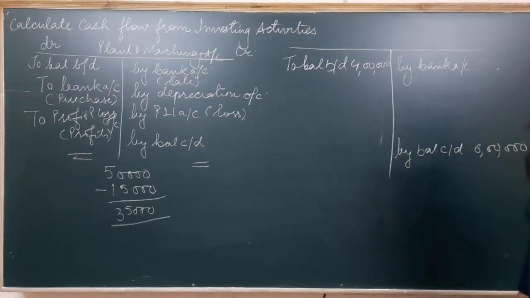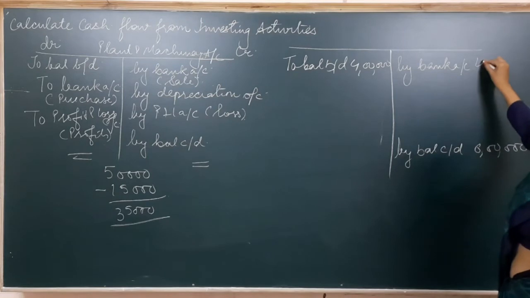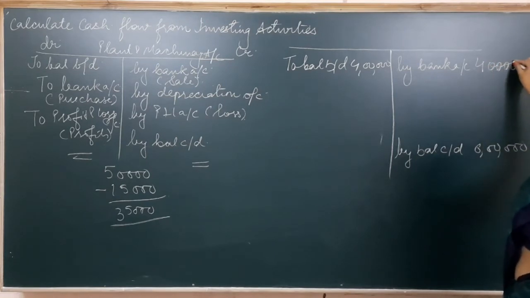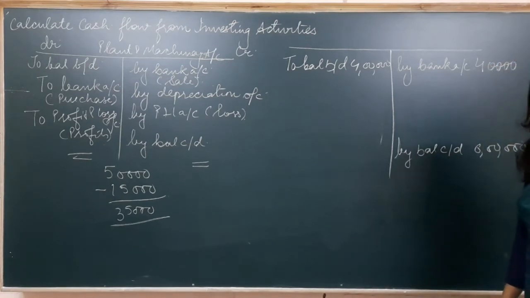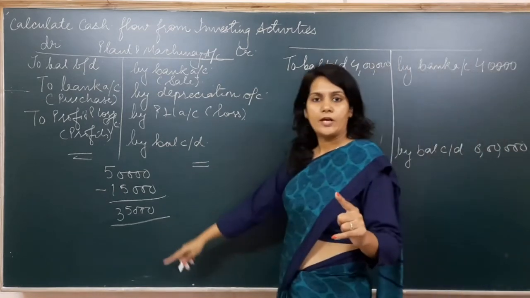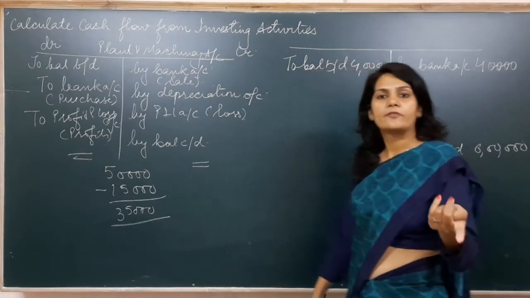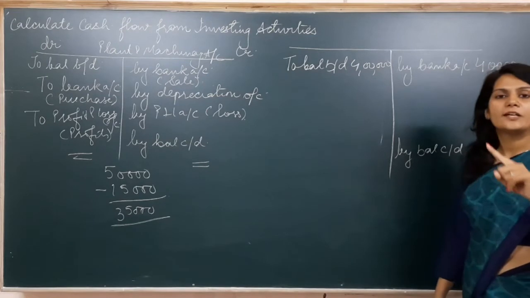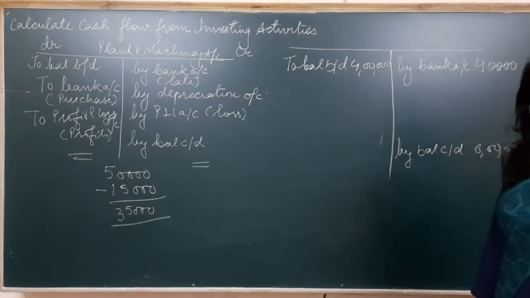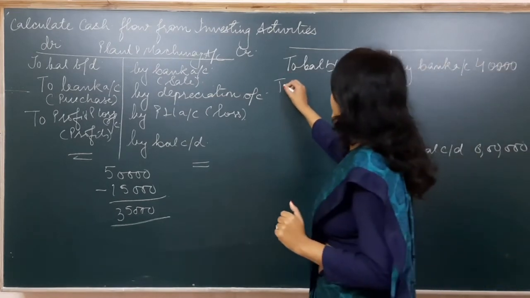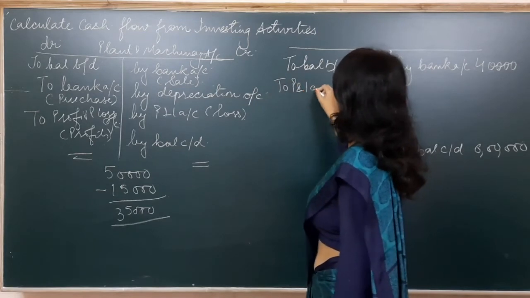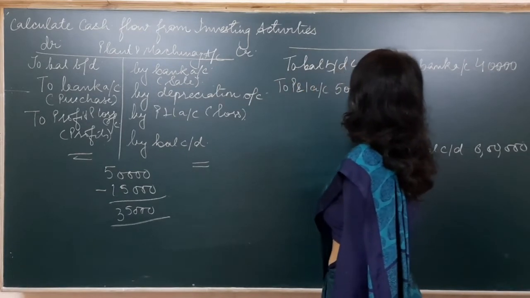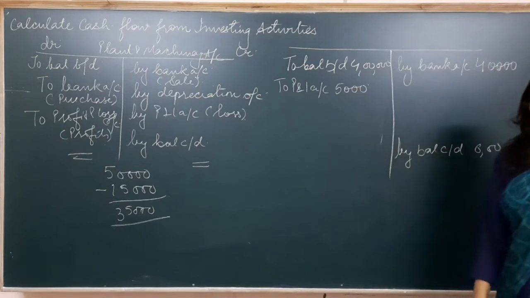You have sold off this machinery for rupees 40,000, so by bank 40,000. Now an item of 35,000 has been sold off in the market for rupees 40,000, so you have earned a profit of rupees 5,000. So profit will be on the debit side. You will write here 'To profit and loss account 5,000'.